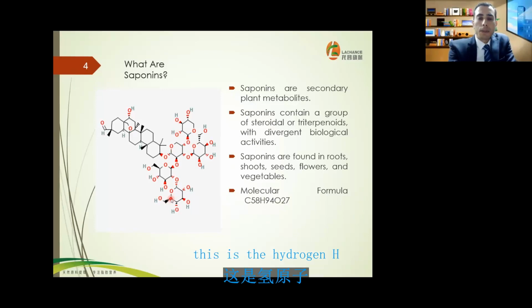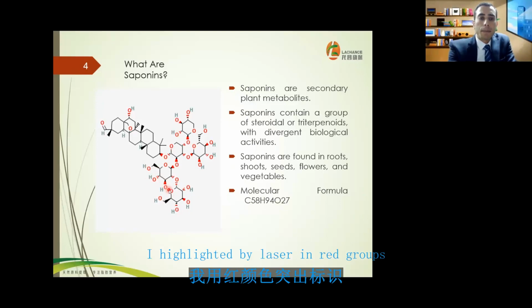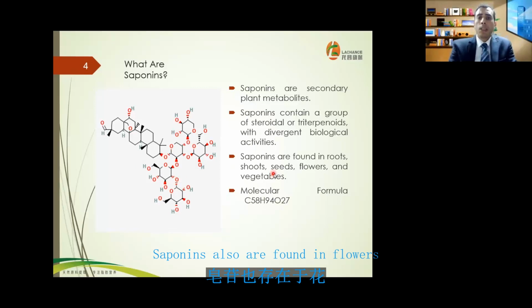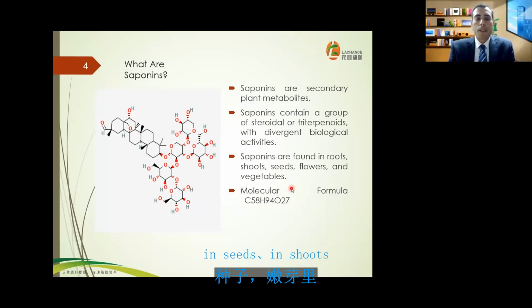This is the hydrogen, abbreviated by H, and they contain 27 oxygen atoms. These are the oxygen atoms, which I highlighted with the laser in the red groups. Saponin is also found in flowers, in seeds, in shoots, and also in vegetables.